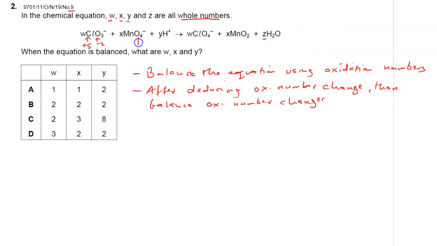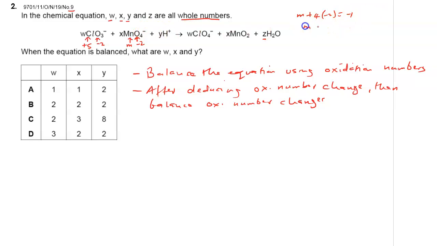For oxygen here, it is -2. We want to find the oxidation state of manganese there. Let me call this one M. Likewise, M plus 4 times -2, these are 4 oxygen atoms, is equal to -1, because this is an ion, so it has a negative charge.